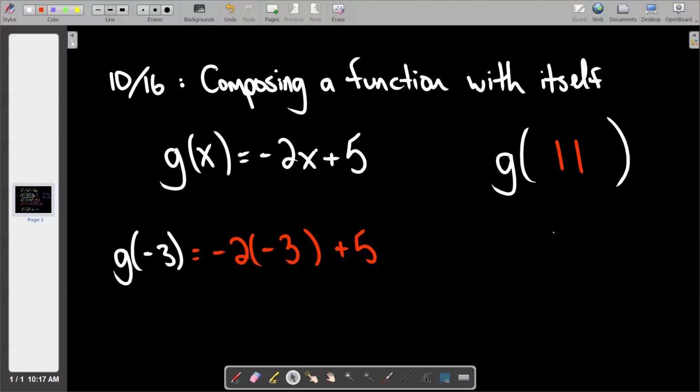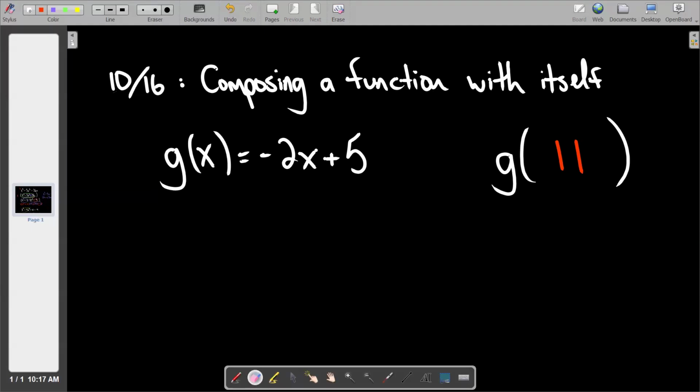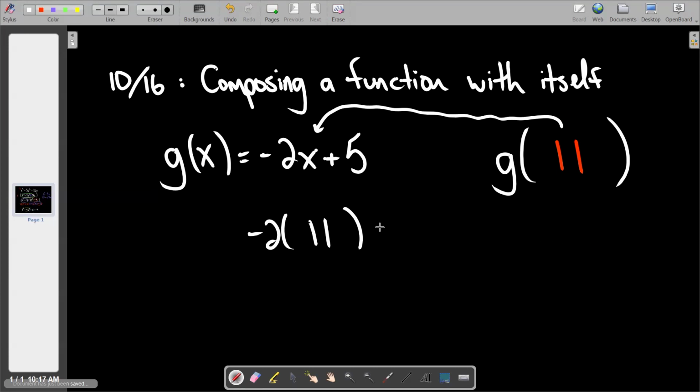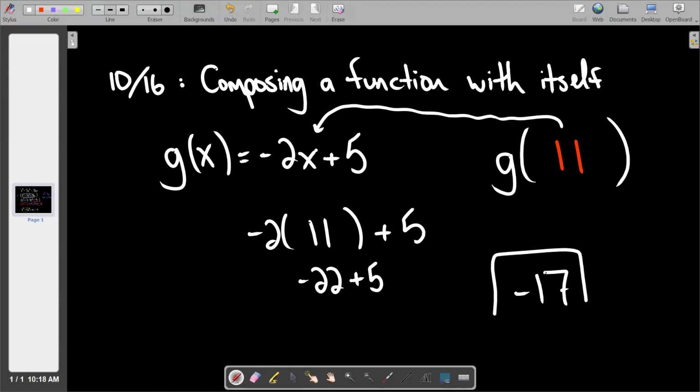So anyways, g of 11 now is where we are. We're on the second half, the home stretch. We take that 11 and put it into the function: negative 2 times 11 plus 5. Nothing to it, right? What is negative 2 times 11? Negative 22. And what's negative 22 plus 5? Therefore, the final answer would be negative 17.